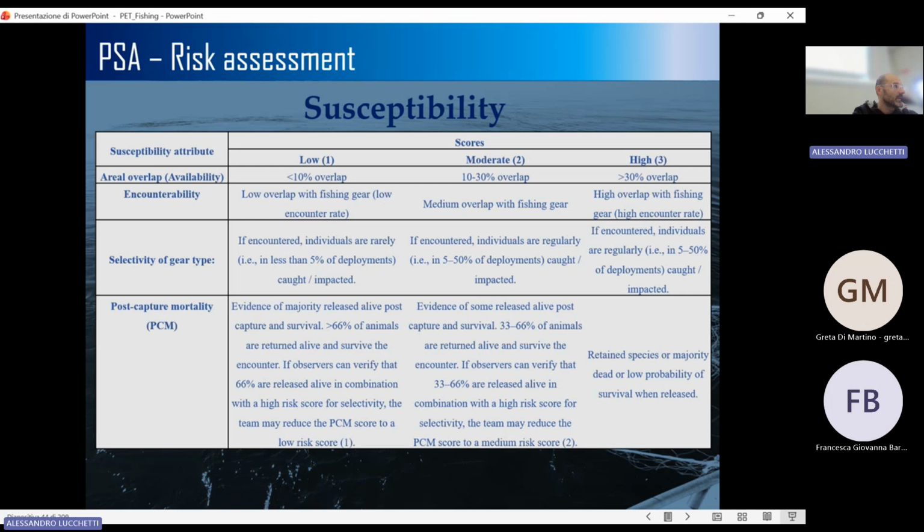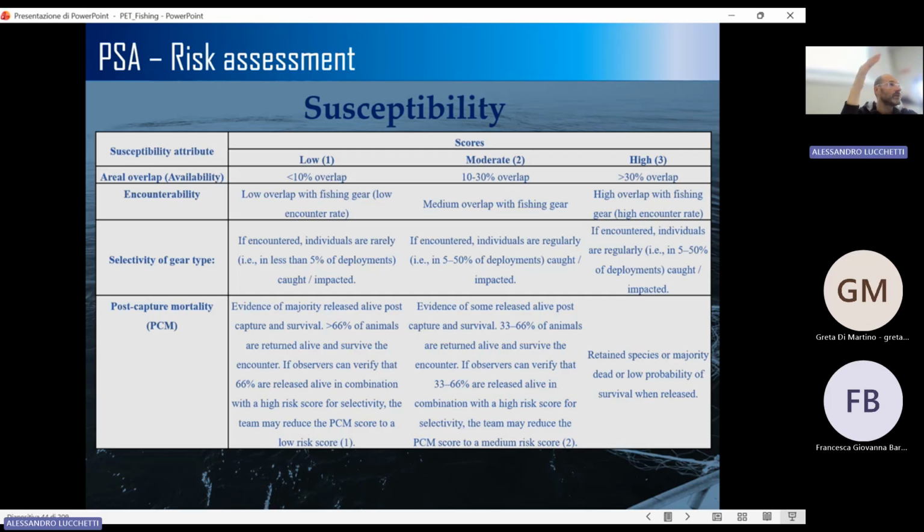It is quite common. But the vertical overlap is quite low. I mean, in the water column, dolphins usually stay in the upper level, while the bottom trawl is on the bottom. Therefore, the probability of catching dolphins with the bottom trawl is really low.